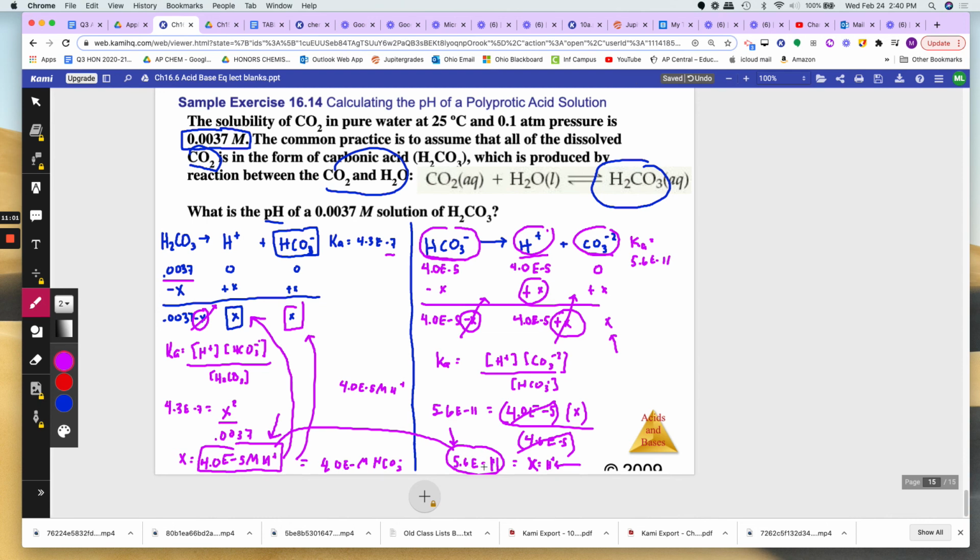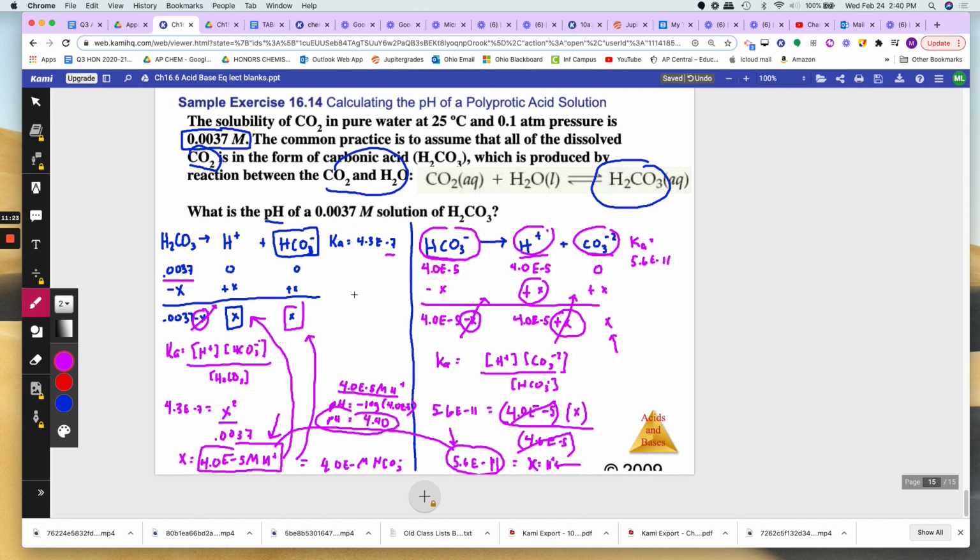Okay, so to get the pH, you just take the negative log of 4.0 E negative 5, which is equal to 4.40. Okay, so what does that mean?